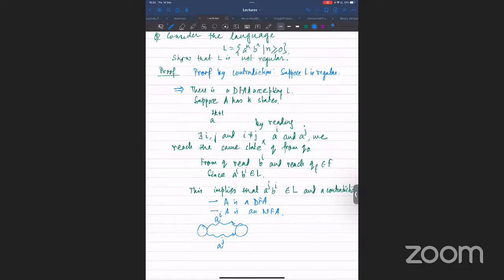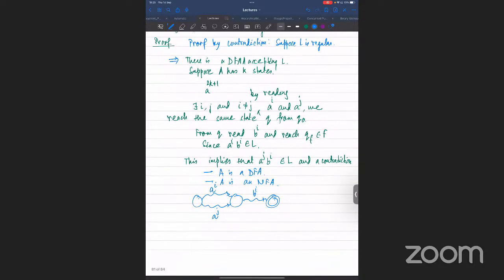Then I can read a BI and reach a final state. So there exists an accepting run for AI BI, and also an accepting run for AJ BI, correct? So this works for an NFA also.